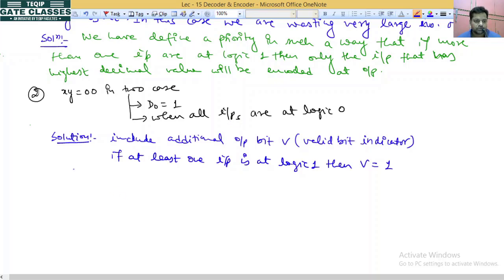Okay, na? So with these two modifications done in the basic encoder, we get which encoder? Priority encoder. So the next encoder is the priority encoder.